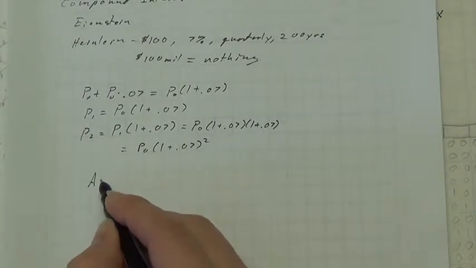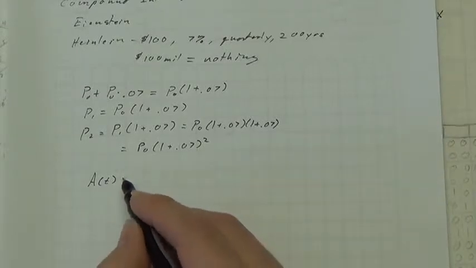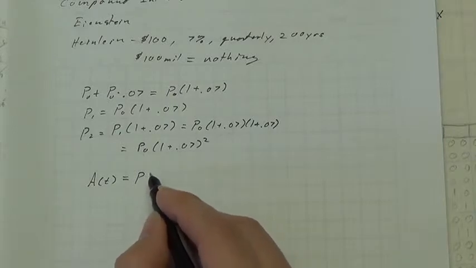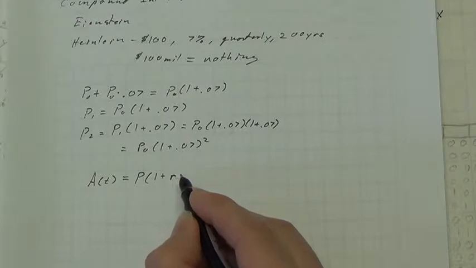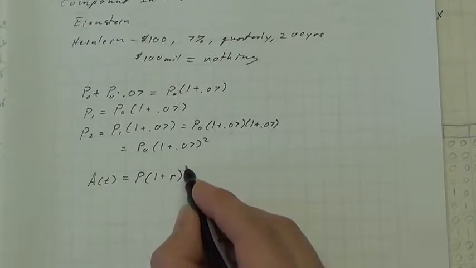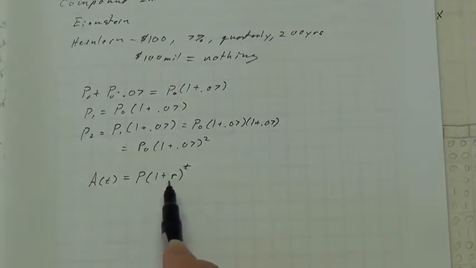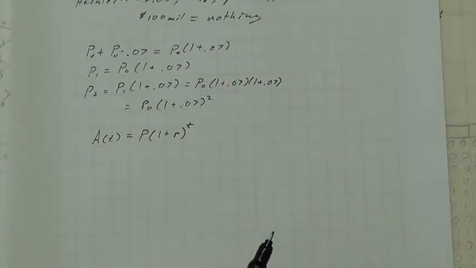The amount owed after some number of years t on some initial principal loaned at rate R, interest rate R, for t years is this formula. Take this factor per year, raise it to the number of years, multiply the principal by that. And that's your simple compound interest.